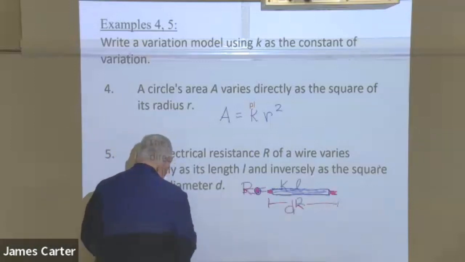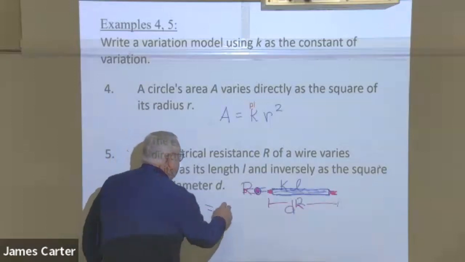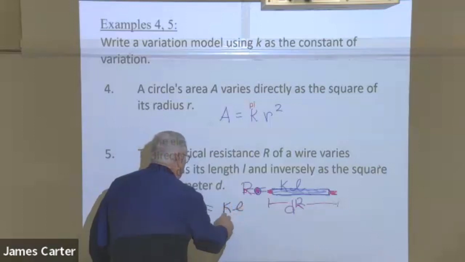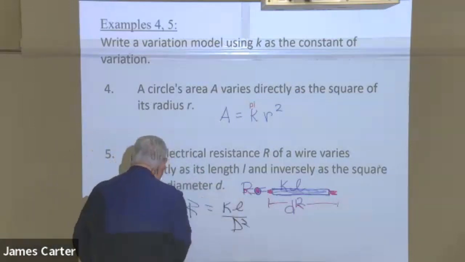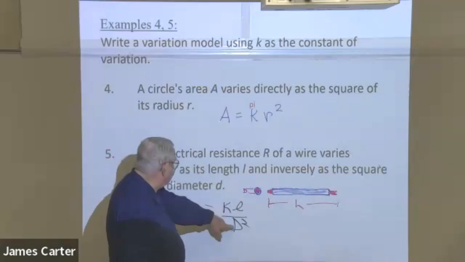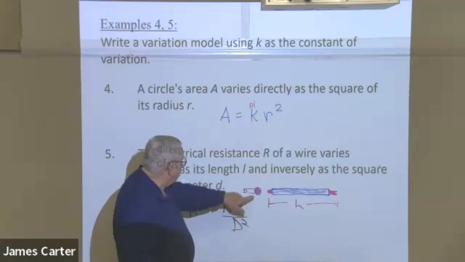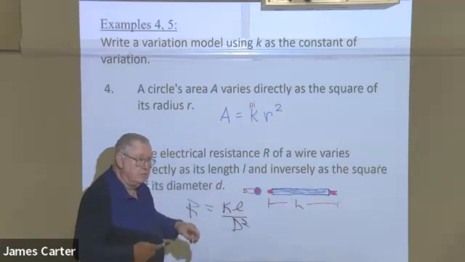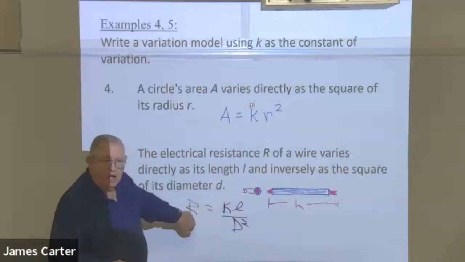R equals K L over D squared. So the length times this K value, and a little later we'll deal with that, divided by the diameter of this wire squared, is going to tell you how hot this wire gets.